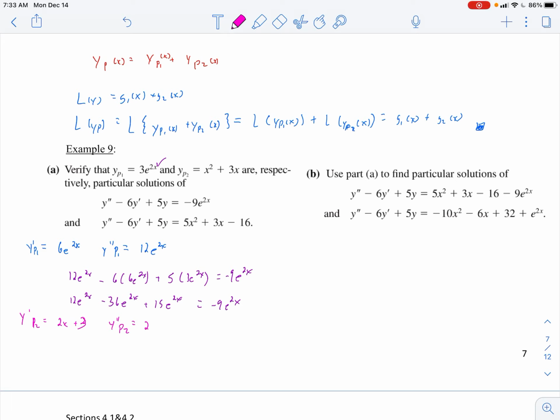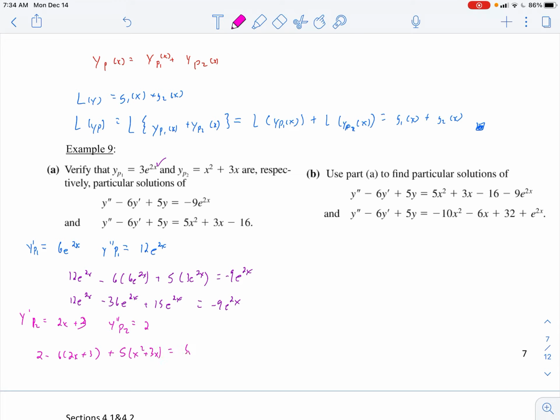Alright, let's go ahead and plug that in. So we have 2 minus 6 times 2x plus 3, plus 5y, 5 times x squared plus 3x.